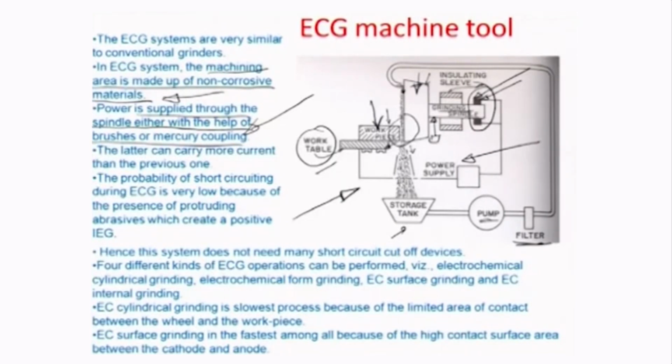And of course, one thing you have to ensure is that short circuiting during ECG should not occur in the remaining part of the circuit, because ECG as such is a process which, by virtue of the way it has been defined, is very less prone to short circuiting, because it is a self material removal process.